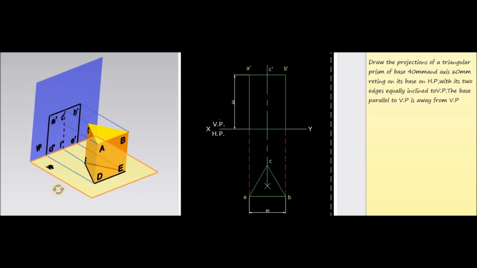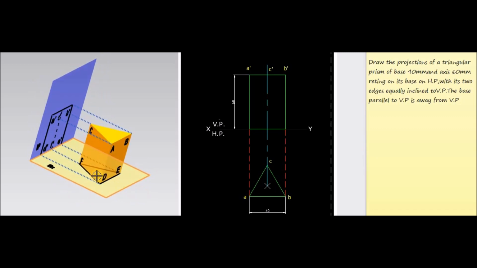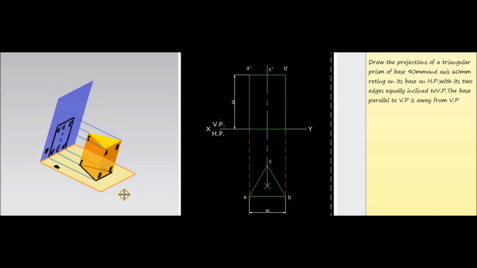In the question, it is given that this is the case of a triangular prism. So here we are going to represent the base corners of the triangular prism by the letters D, E and F, and the top corners A, B and C.